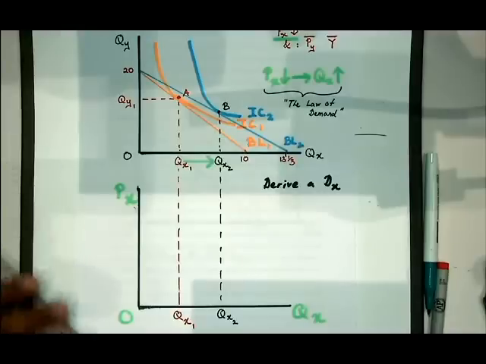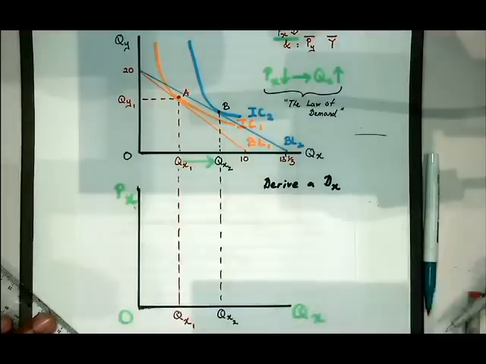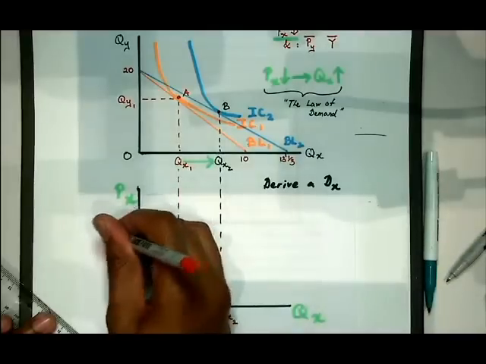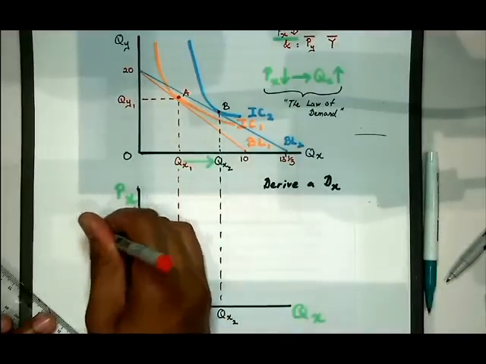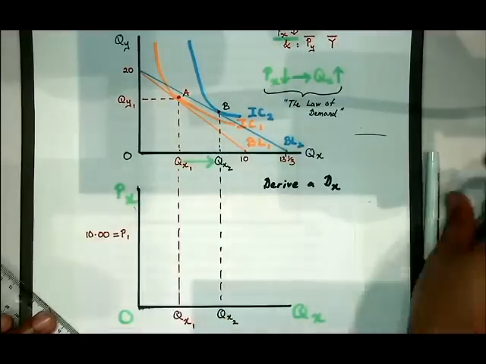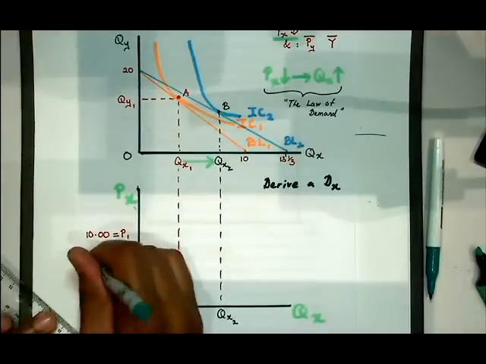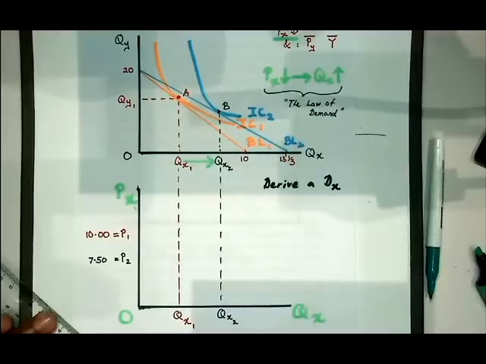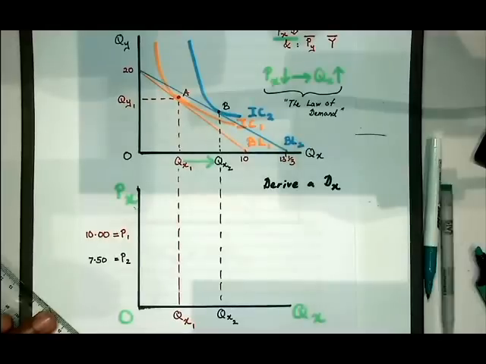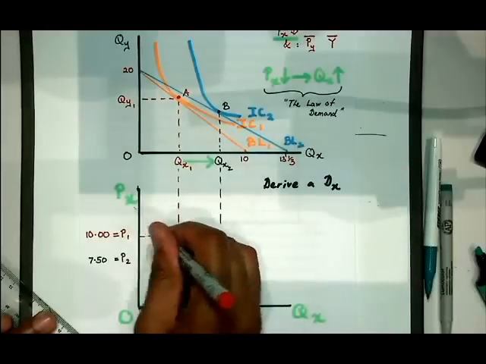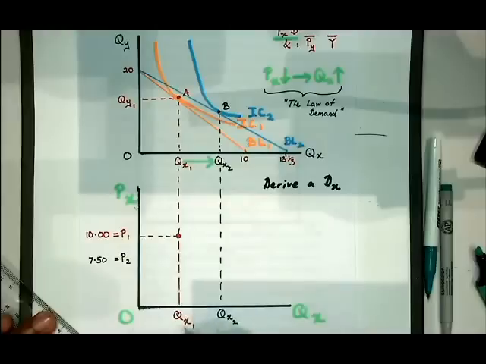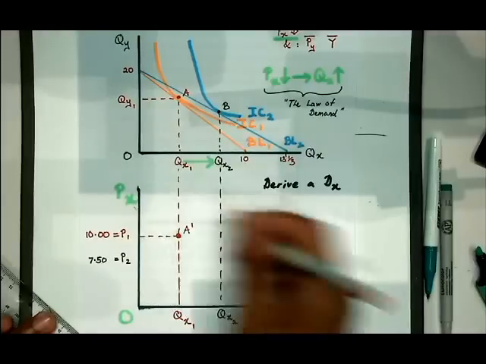The price of X went down. We went from P1, which was $10, to P2, which was $7.50. When the price was $10, we bought Q1. We'll call that A dash.